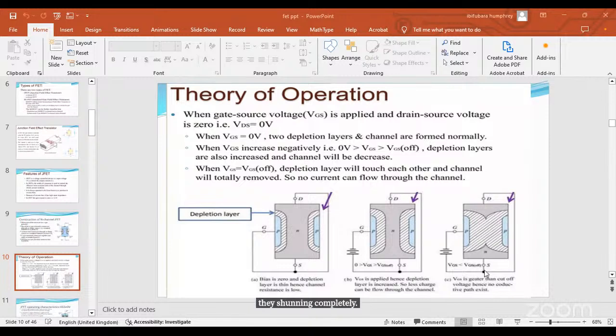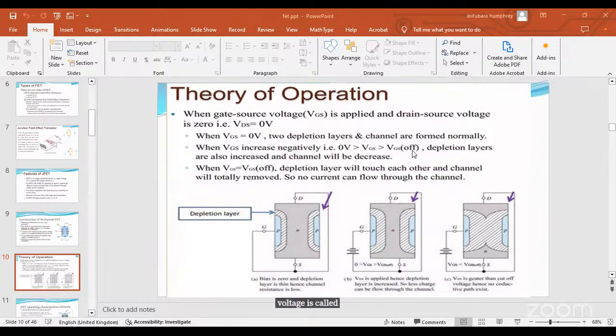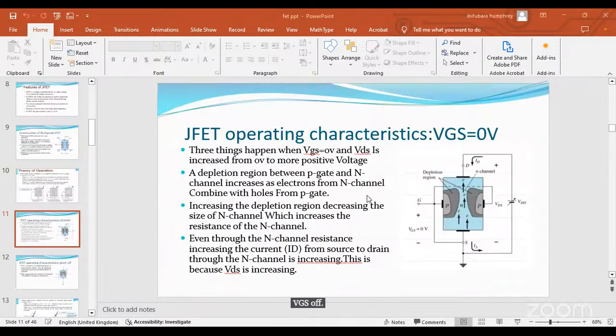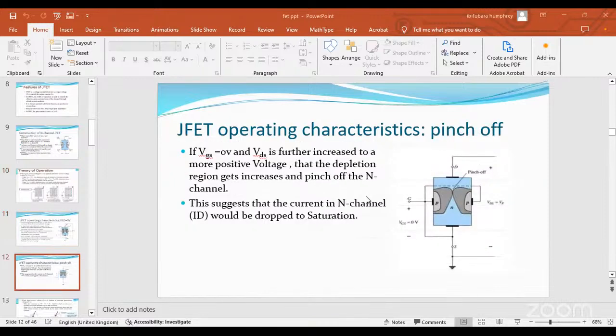So at this point, current will not flow from source to drain again. The voltage at which this channel is blocked, where current does not pass again, is called VGS off. That is the cut-off voltage. Note that the cut-off voltage is called VGS off.